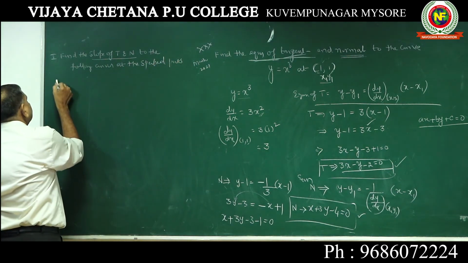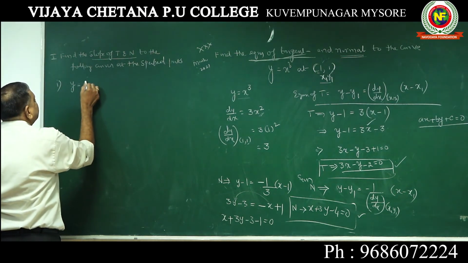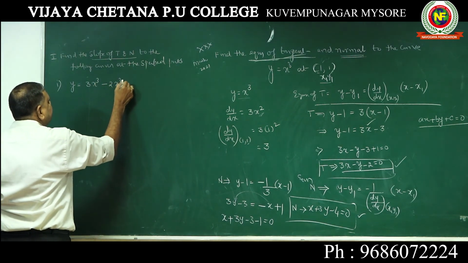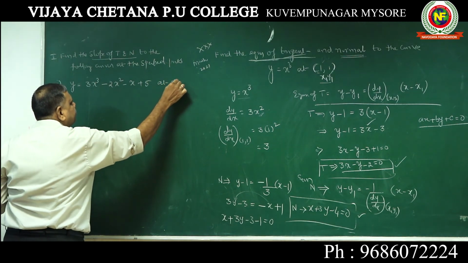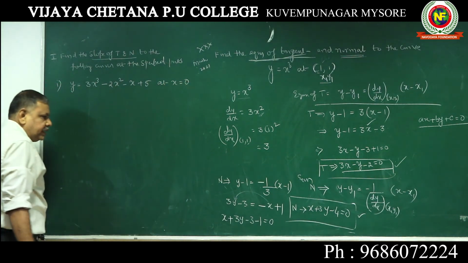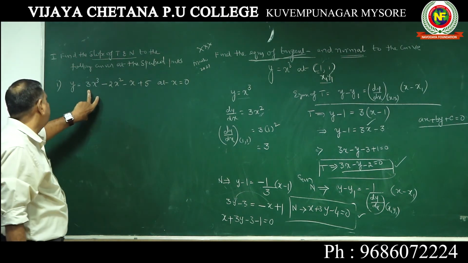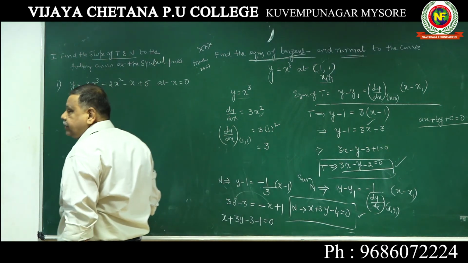First, for the curve y is equal to 3x cube minus 2x square minus x plus 5 at x equal to 0. So find the slope of tangent and normal for the curve y is equal to 3x cube minus 2x square minus x plus 5 at x equal to 0.